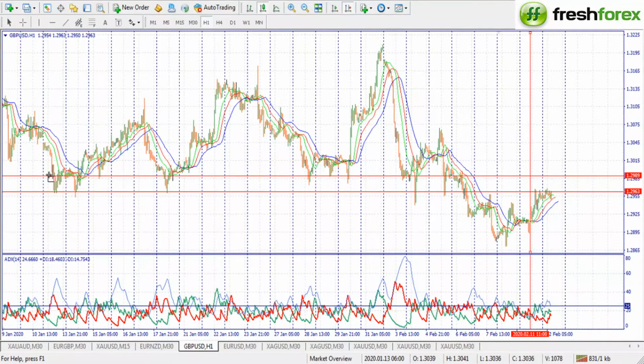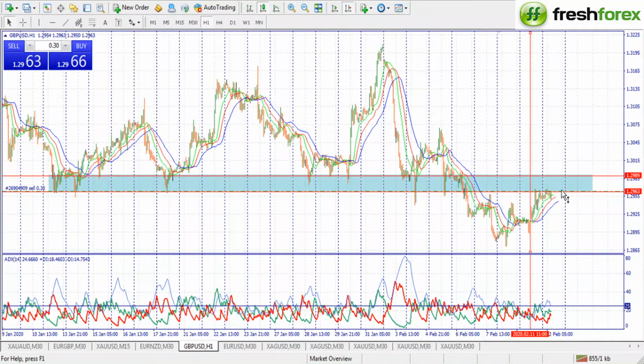This level here, we have a resistance, and there was a support previously, multiple supports. So when the price went below this level, we are supposed to be in the same place for a sell. As it is now, this should give us a good place to sell from. Pick a sell as I've sold it.